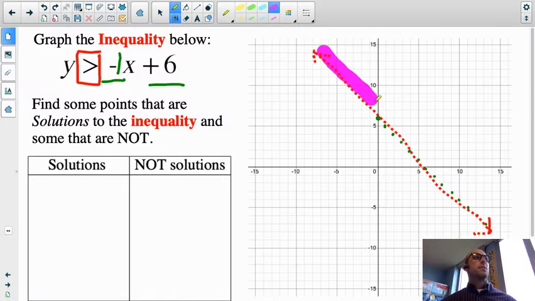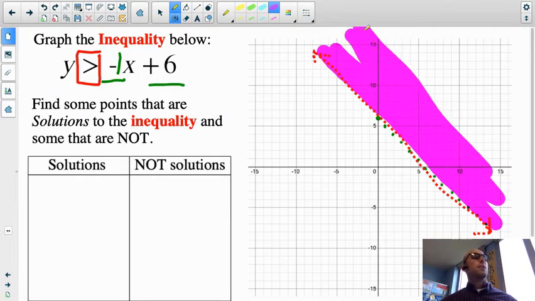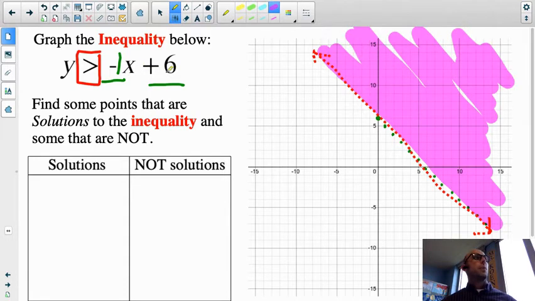All right, now again, I'm going to make this kind of ugly, but I need to represent all of the points that are above that line, all the y values greater than this boundary that's created, okay? All right, so now when I go to look at solutions, my graph helps me with that quite a bit. Find some points that are solutions to the inequality and some that are not. Well, the ones that are up in here.